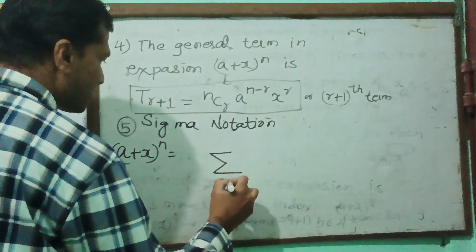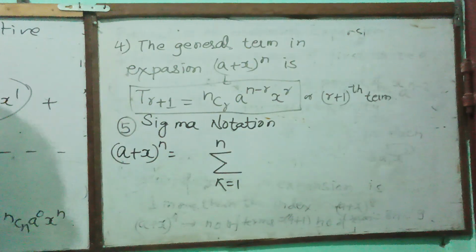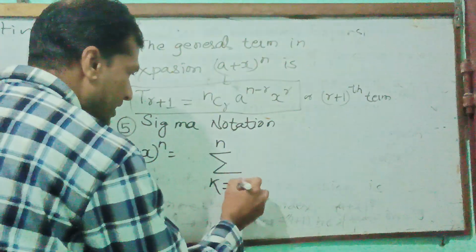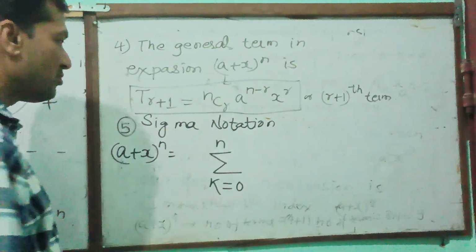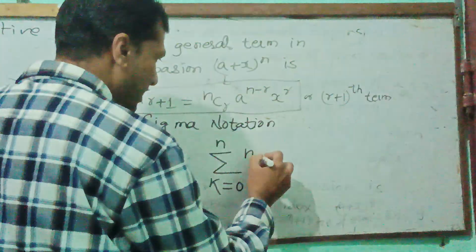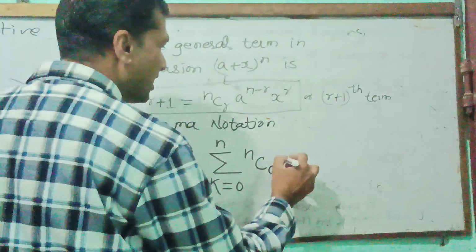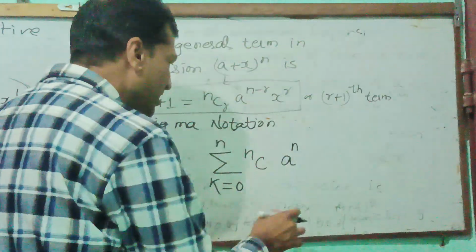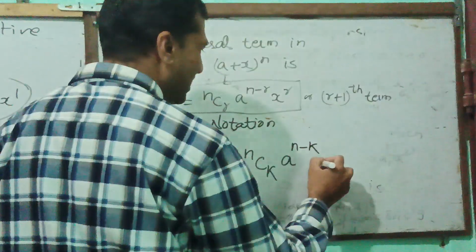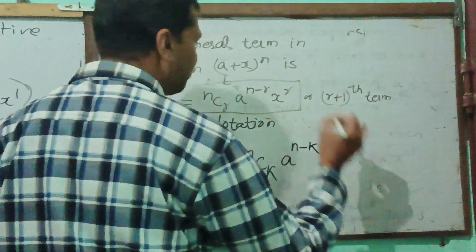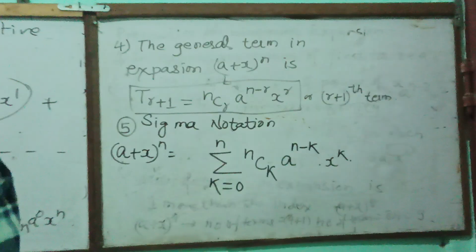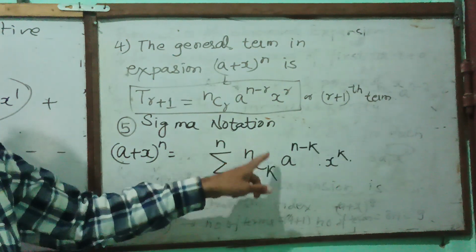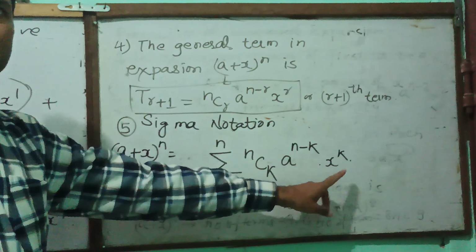Sigma, k runs from 0 to n, nCk a to the power n minus k, x to the power k. So this one is the sigma notation.